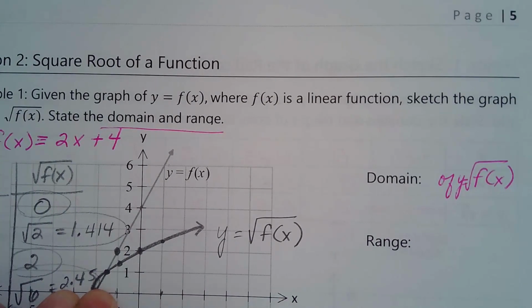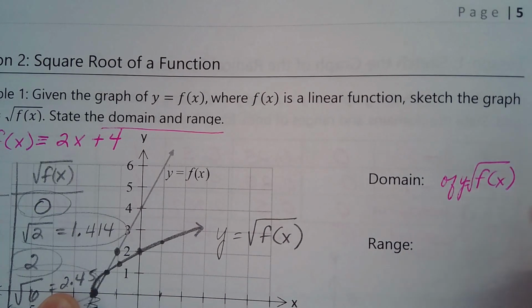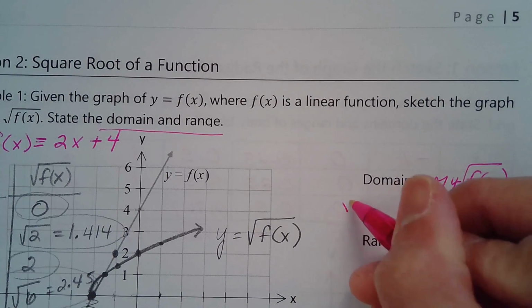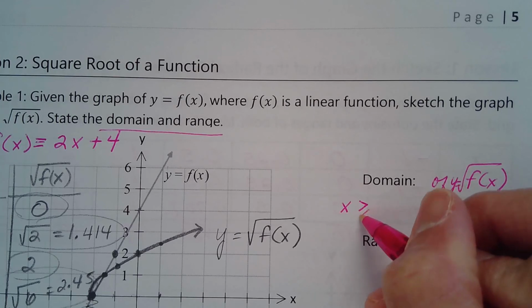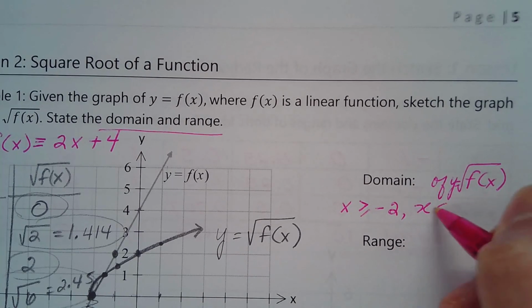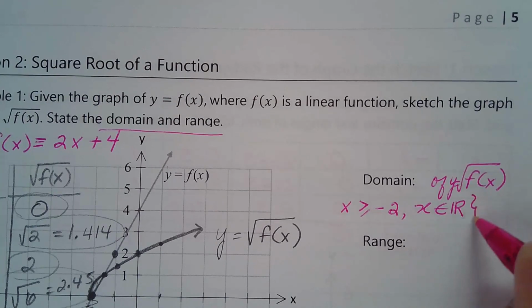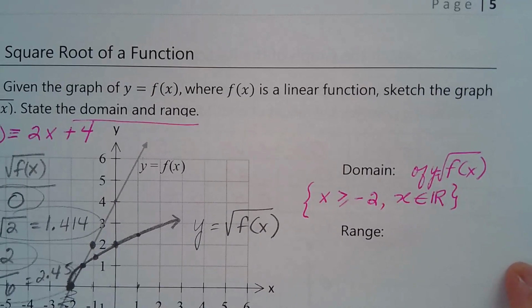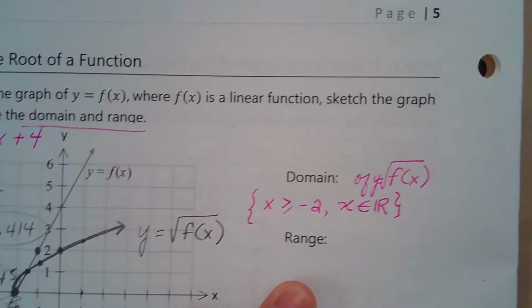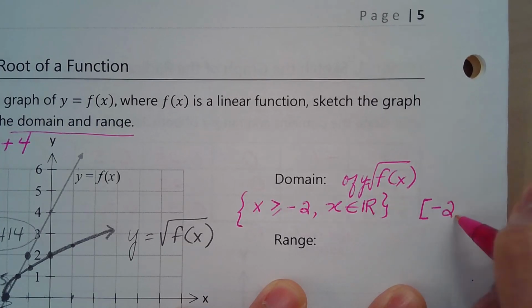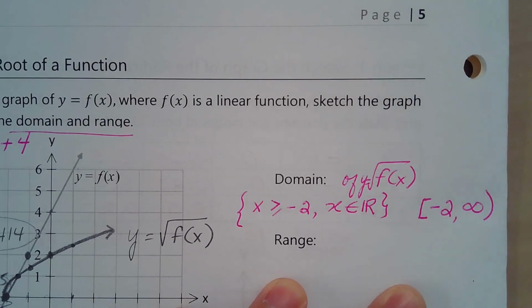Because the x values are from -2 onwards. So the domain is x is greater than or equal to -2, where x is an element of real numbers. What's the other way of writing the domain? -2 up to positive infinity.